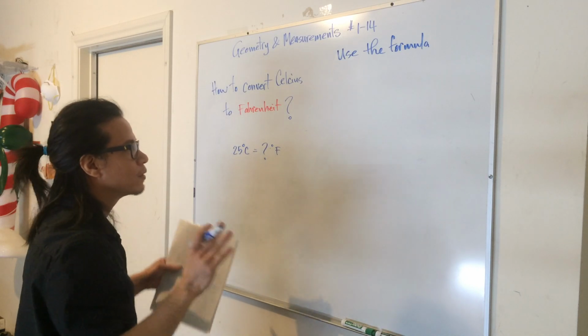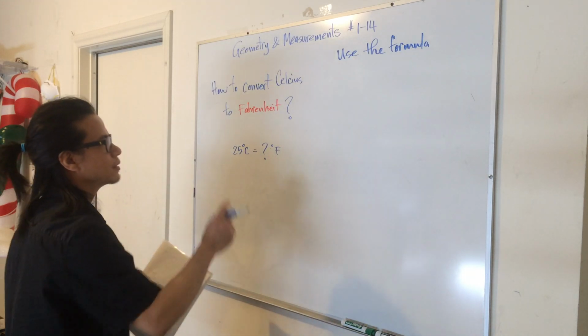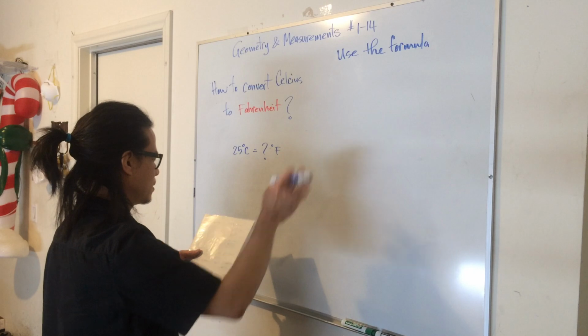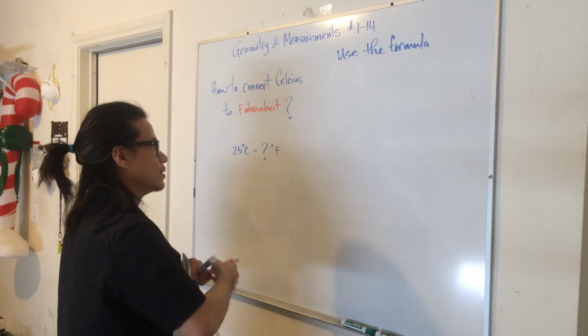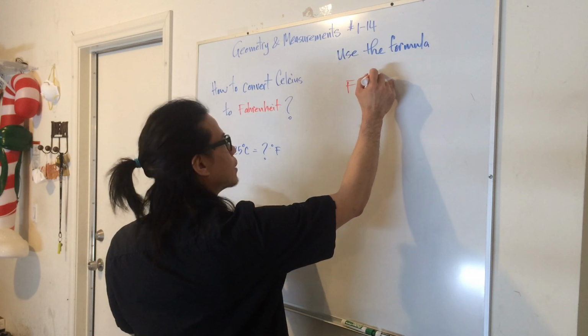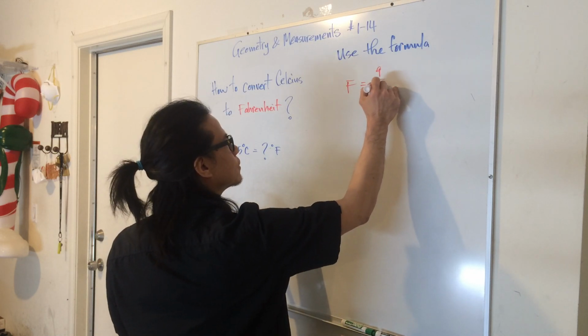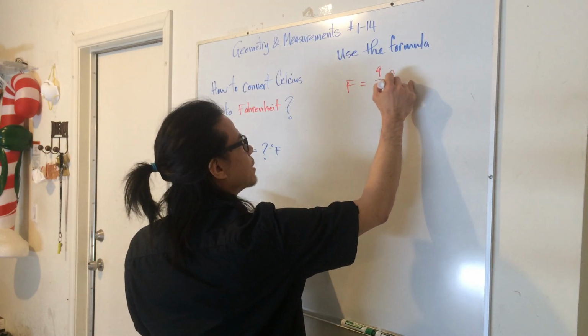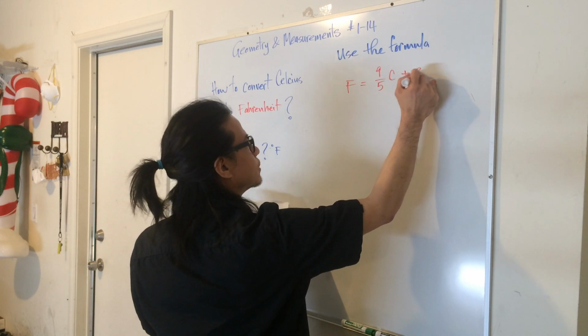Some wise guy or girl has devised a formula. It goes like this. F is equal to 9/5 times Celsius plus 32.